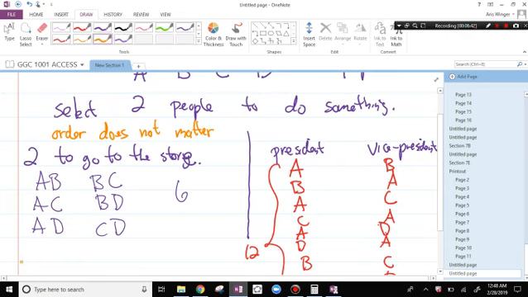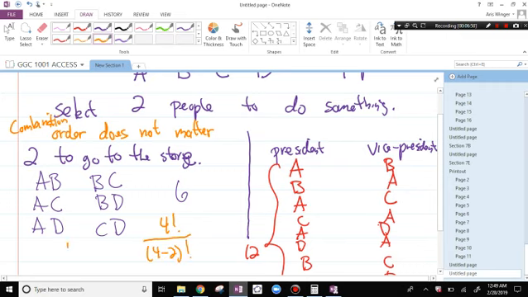That is called a combination. And here's the formula. It's going to be 4 factorial, that factorial thing I just talked about, all over 4 minus 2 factorial times 2 factorial.